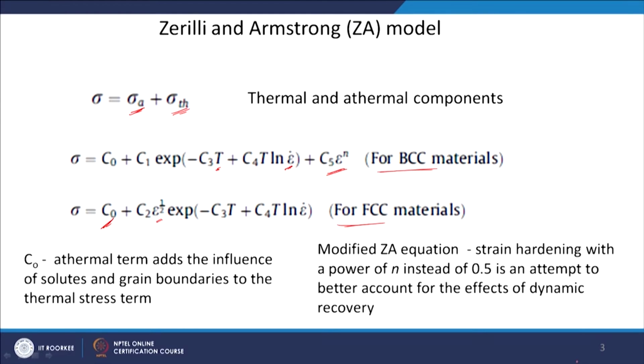They are changing the strain hardening exponent with some variable n, that means it can have different values instead of only the constant value 0.5 proposed by the ZA model. This is to take into account in a better way the dynamic recovery which takes place during the deformation process.